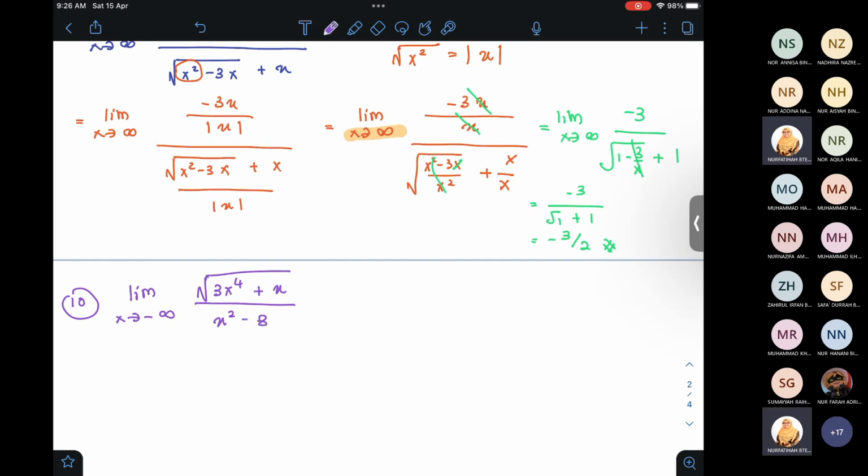For number 14, the question is limit x approaches infinity of the square root of x square plus ax, minus the square root of x square plus bx. Let's try number 10 first.